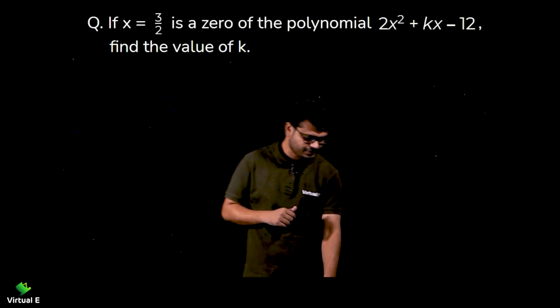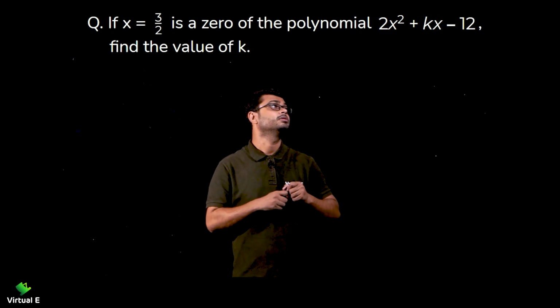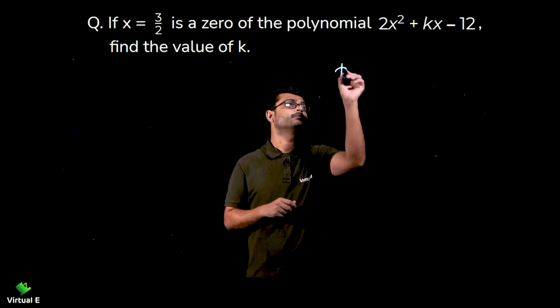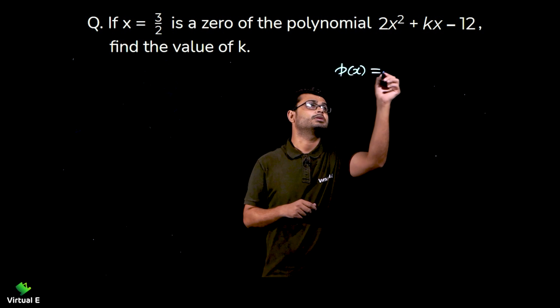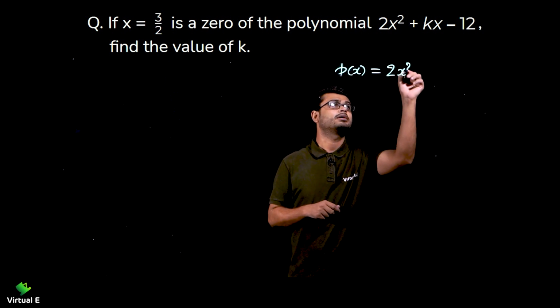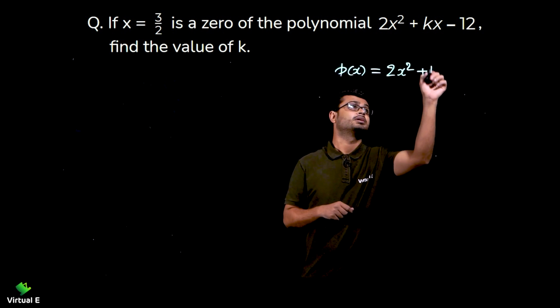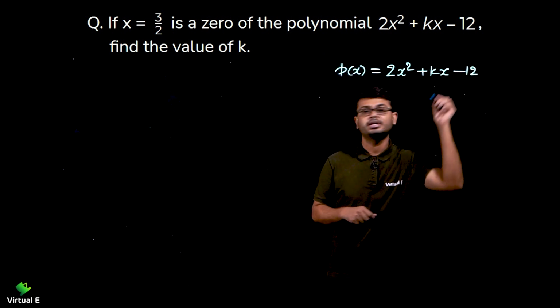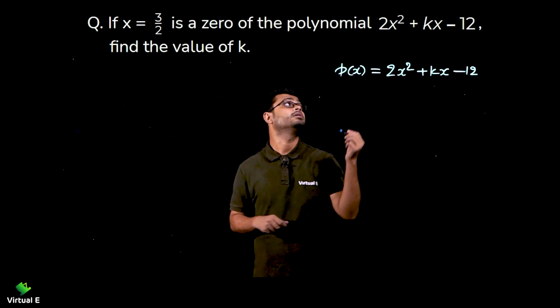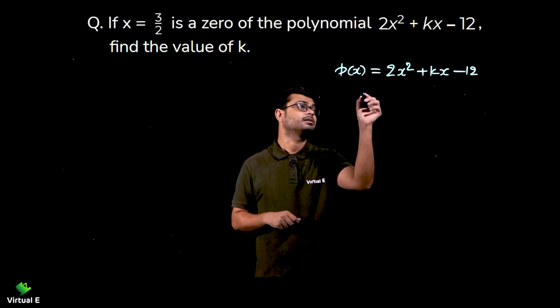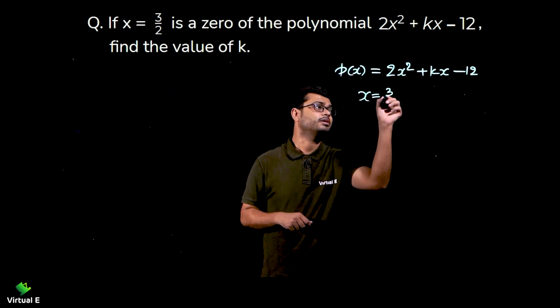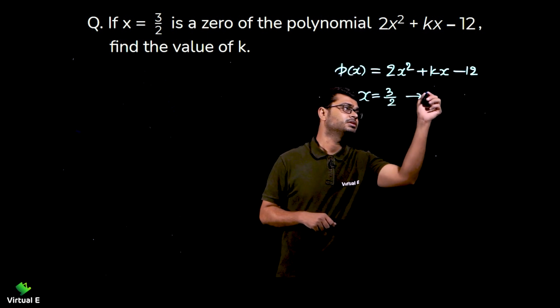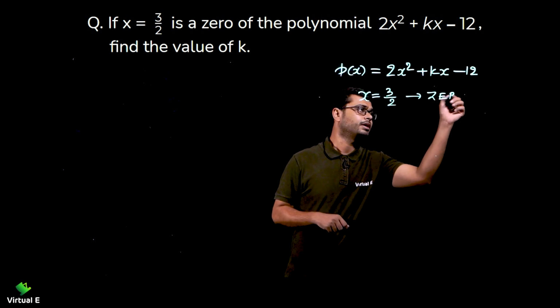So let's start. First of all, the polynomial. So the polynomial is p(x) is equal to 2x squared plus kx minus 12. This is the polynomial. Now it is given that x is equal to 3 by 2 is a zero, right?